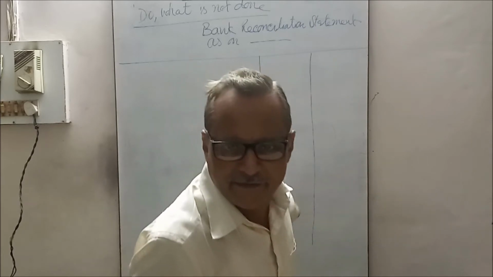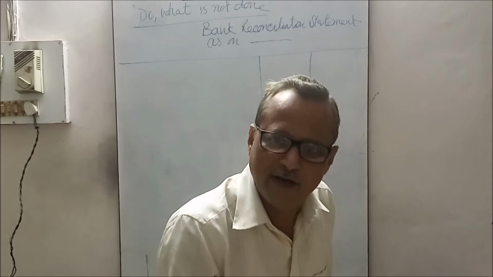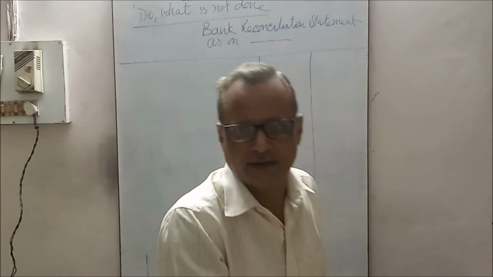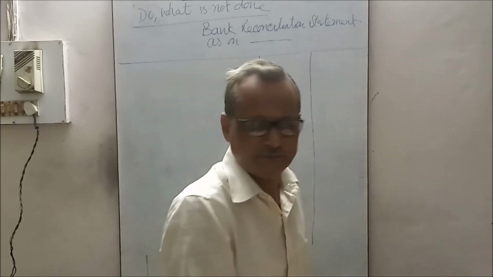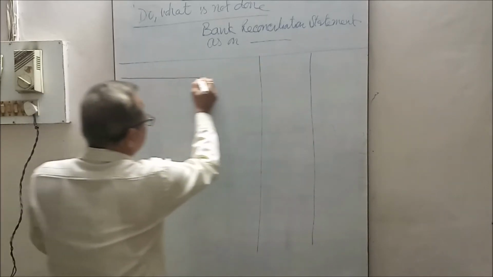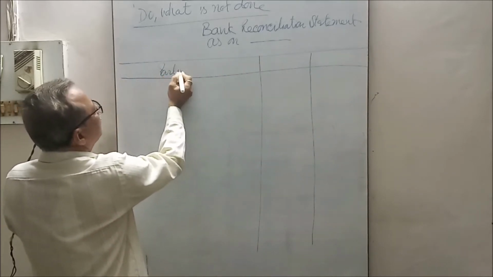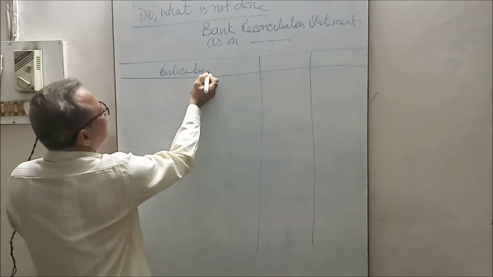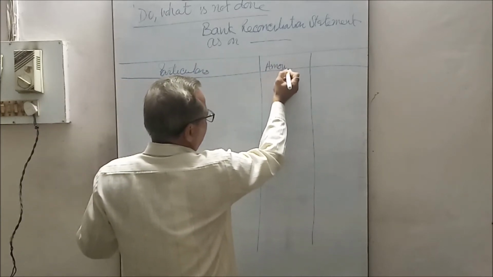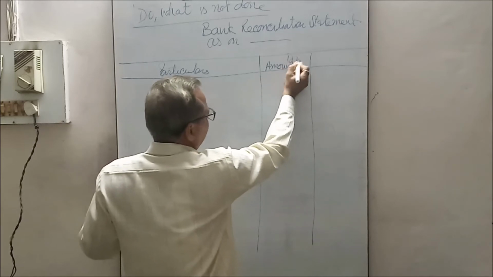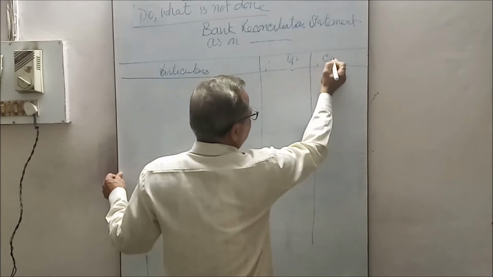This method is not given in a book, which I am going to explain. I will explain the methodology given in your book and how it is similar to that one. Particulars, amount debit, or rather don't write amount, credit.